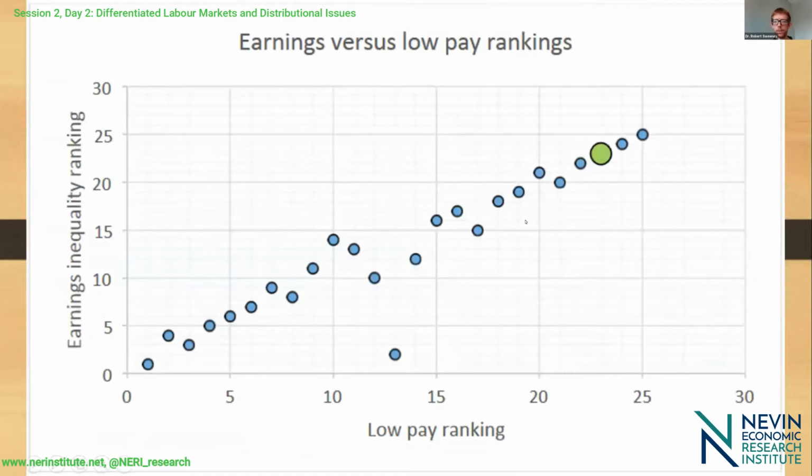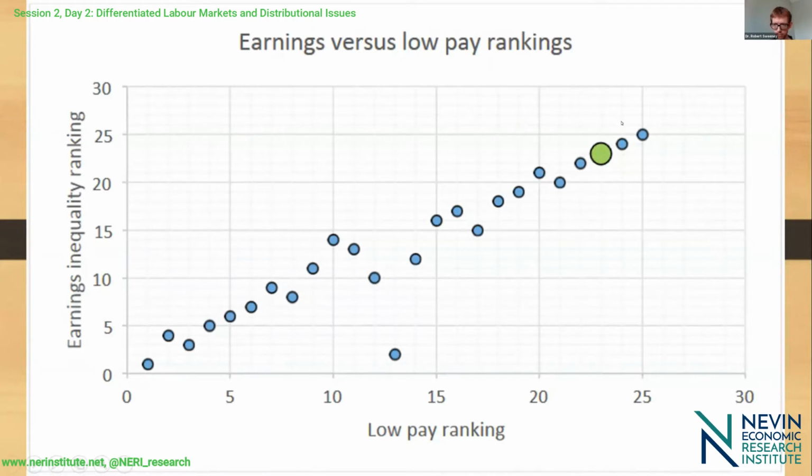Okay, so how can we explain that? So this chart here looks at where countries rank in terms of earnings inequality using the measure I just spoke about, full-time equivalent monthly income. And this axis here looks at where countries rank in terms of the prevalence of low pay.